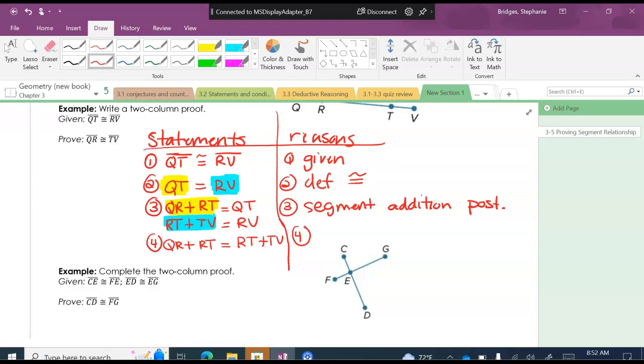So that's how I got the QR plus RT. Does that make sense? And then I took out the RV and I replaced it with what RV was equal to. Does everybody see where that happened?